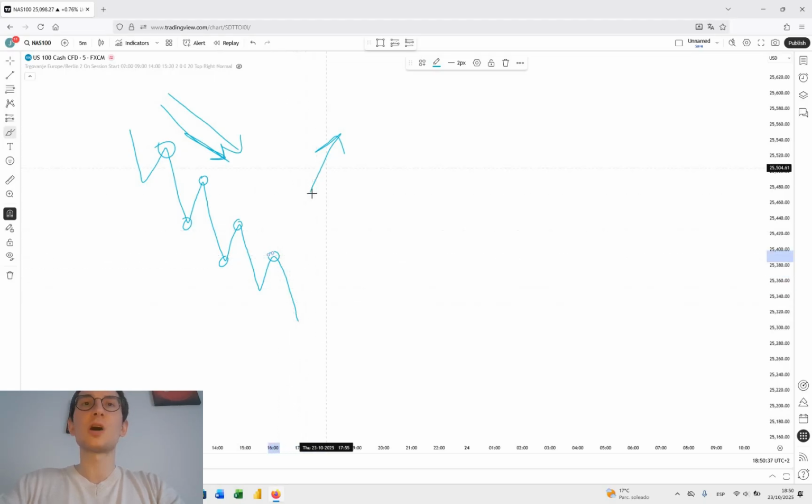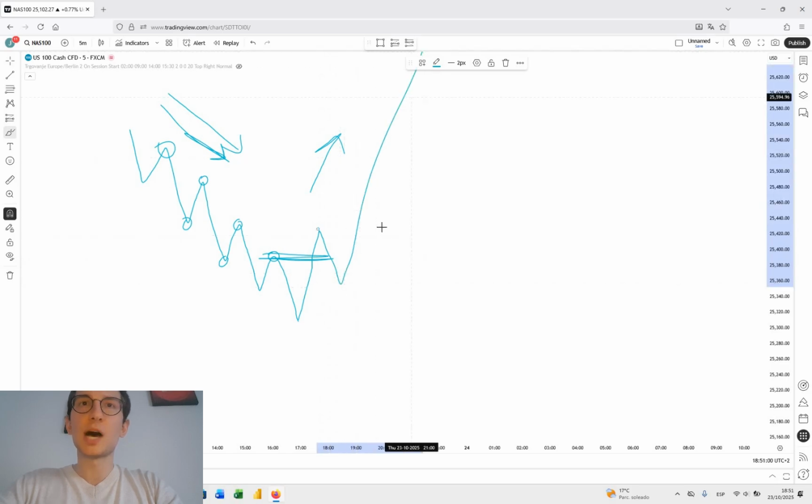So in order for us to start shifting the market into the bullish market, we have to go up above the latest lower high and then close the candle above that. And boom, this is the break of structure. And then what happens?